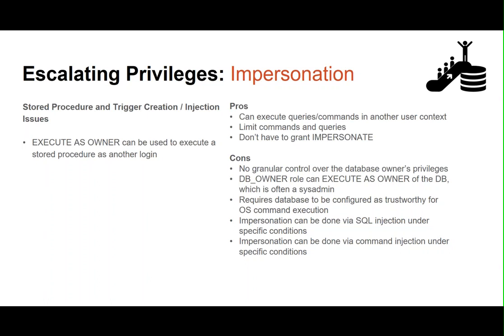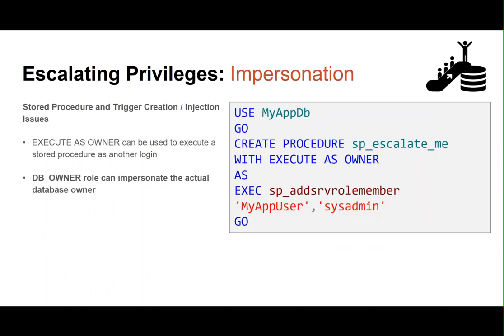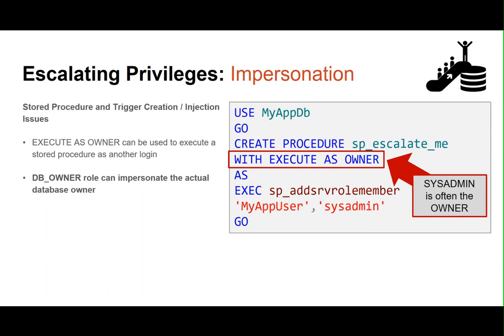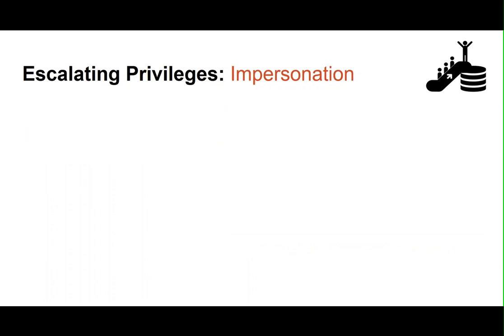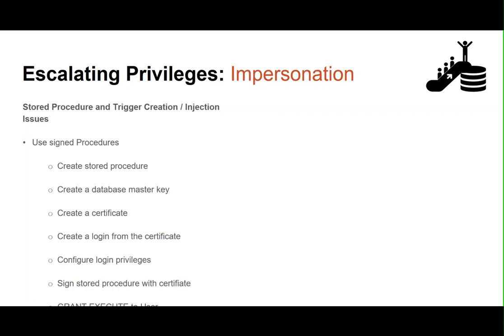And if people are programming these insecurely and using concatenated strings all over the place, then SQL injection and command injection can be done kind of in an ad hoc basis to kind of extend the intended functionality of the stored procedure. So this is a really basic example in which there's a stored procedure with the execute as clause. It's pretty straightforward.